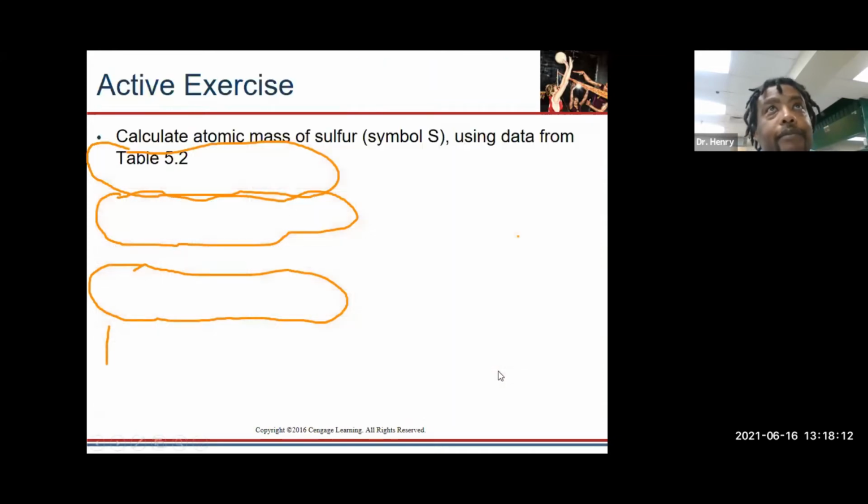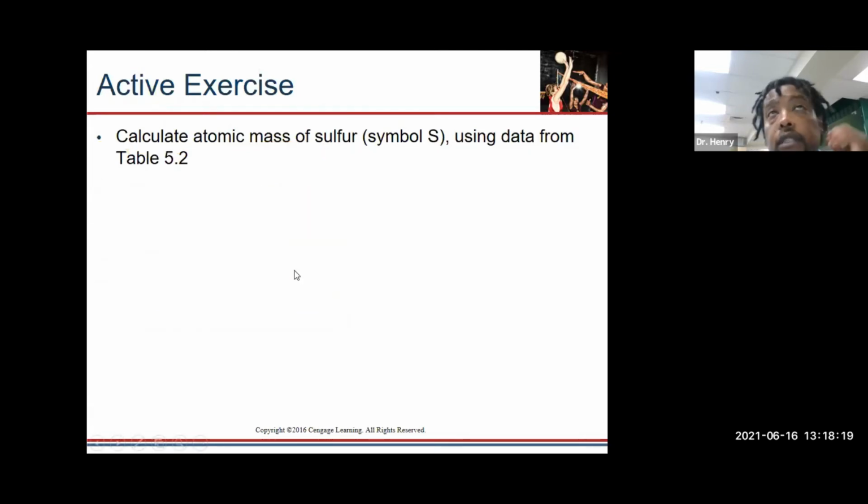So in your own time, I'd like you to calculate the atomic mass for sulfur using the data on the table, and I'll have a spot for you to submit it onto Canvas later today. Please do it to 5 significant figures, so 5 digits should be in your answer.